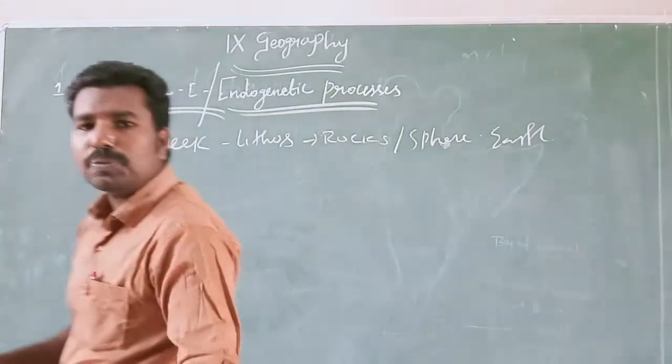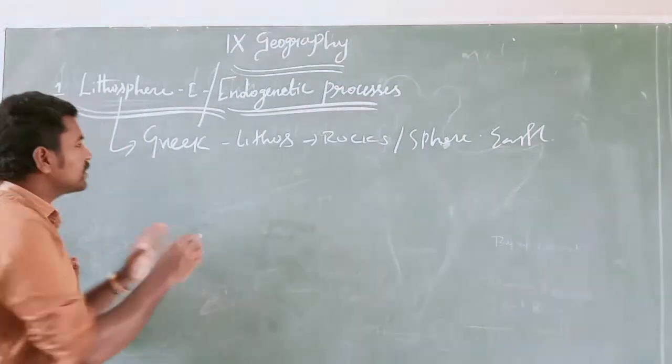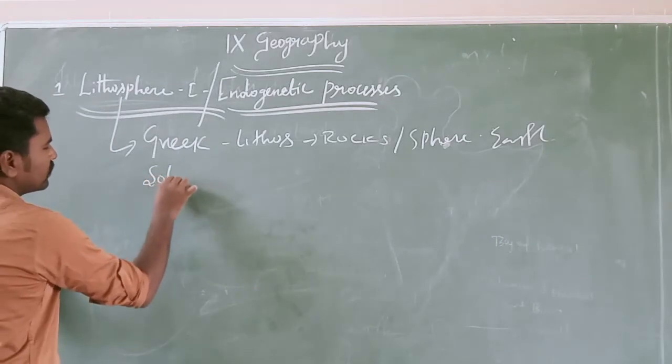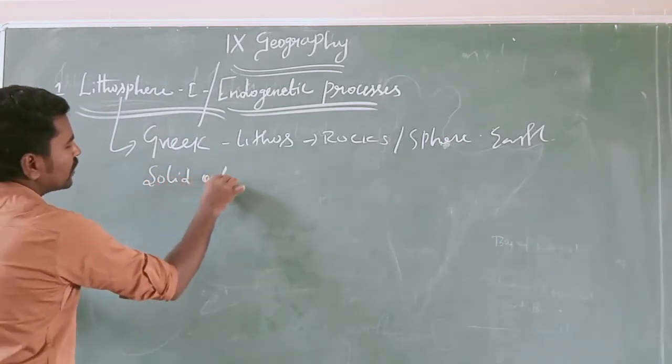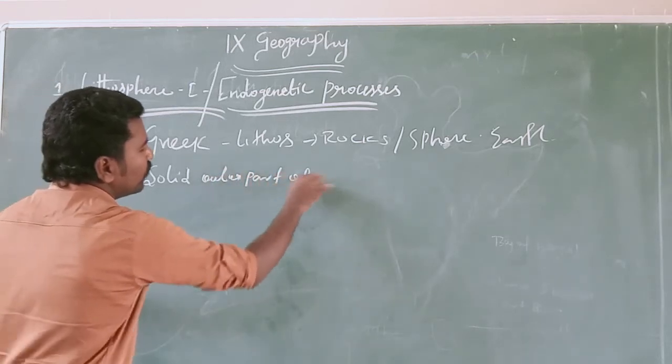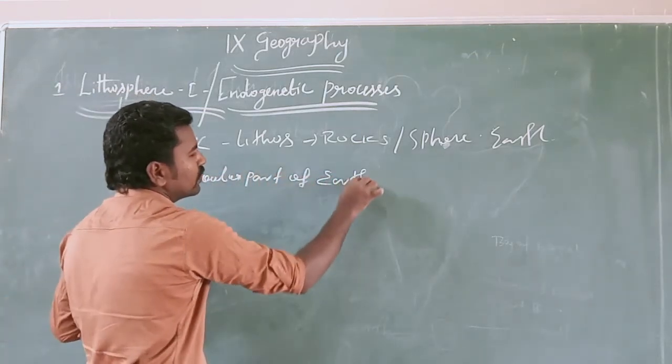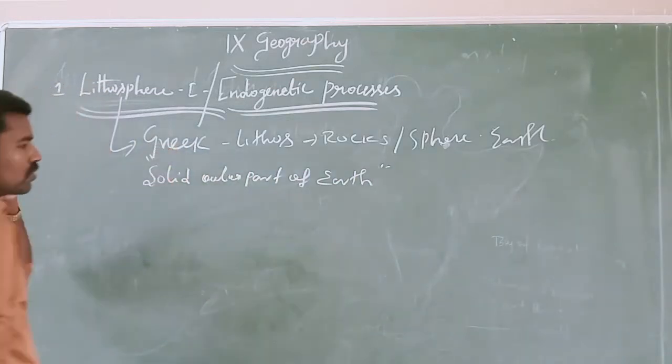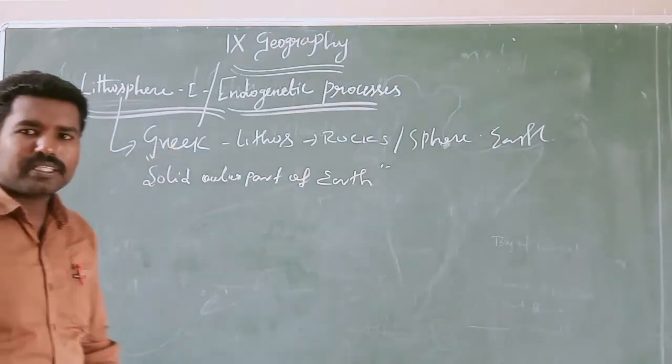So the lithosphere is a solid outer part of earth.